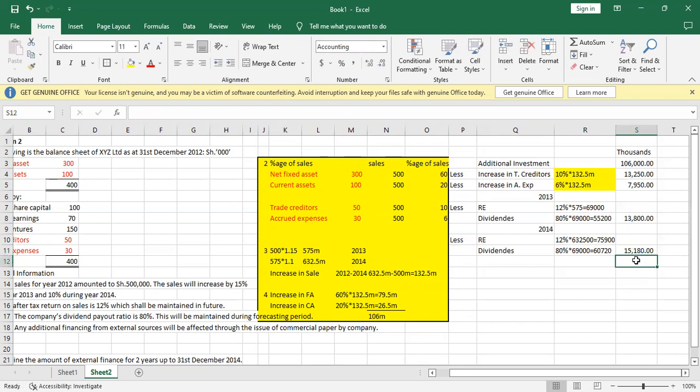Right? So all these figures, I want to deduct them to see whether I'm going to fully cater for my additional investment, or I may require to go ahead and get the amount from what we are calling the external financing in form of the commercial papers.